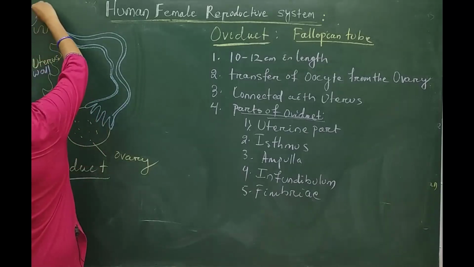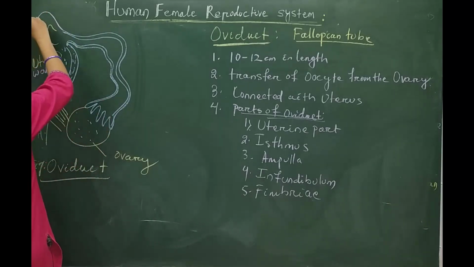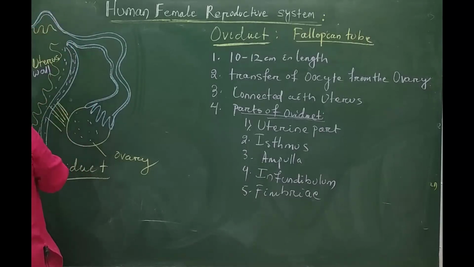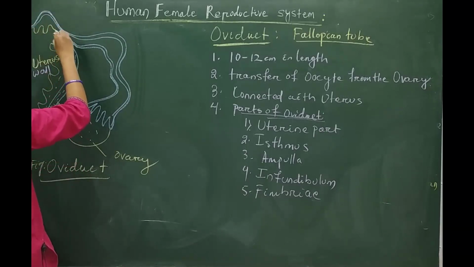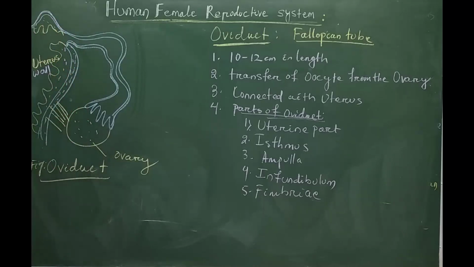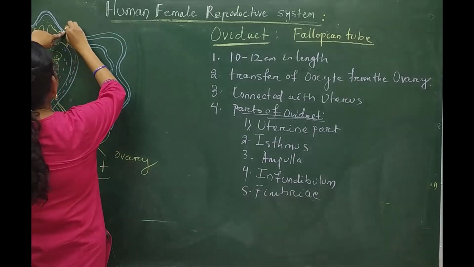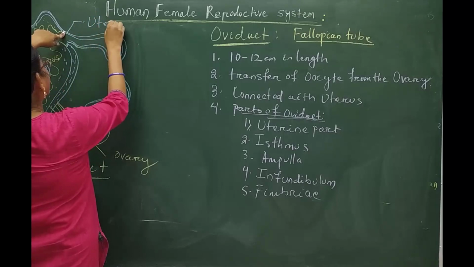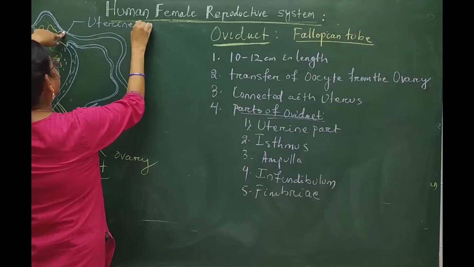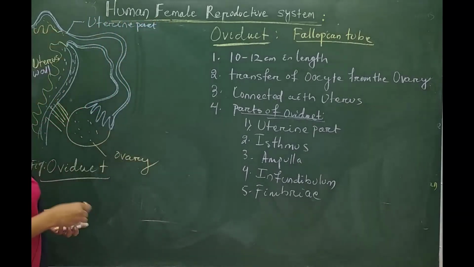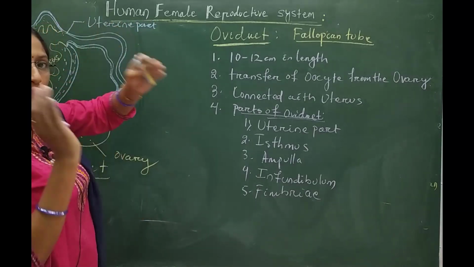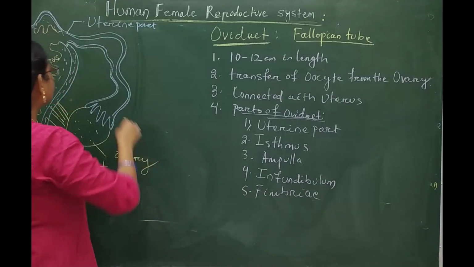Starting from the fundic part, the part from where the oviduct arises is called the uterine part. It is the attachment part of the oviduct with the wall of the uterus.